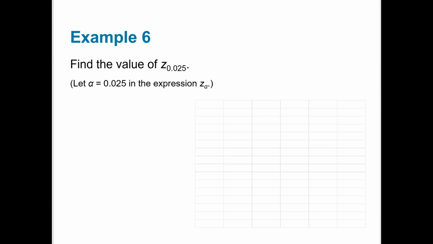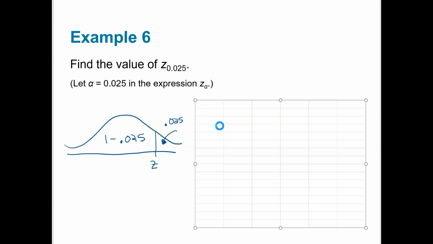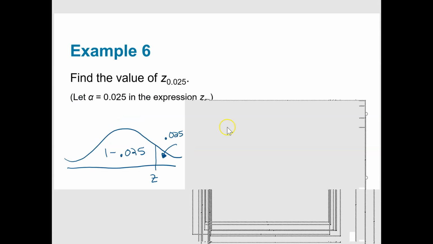So find the critical value here. I like to draw a picture to make sense of it. And remember that the critical value actually gives me the value to the right. So this is 0.025. That's the area to the right. So if I want to use Excel, I really need to type in the probability of 1 minus that value. And again, I'm looking for the z-score. I have the probability.